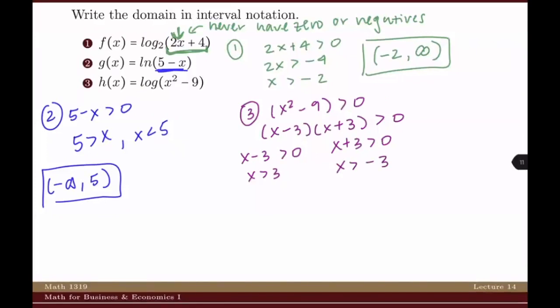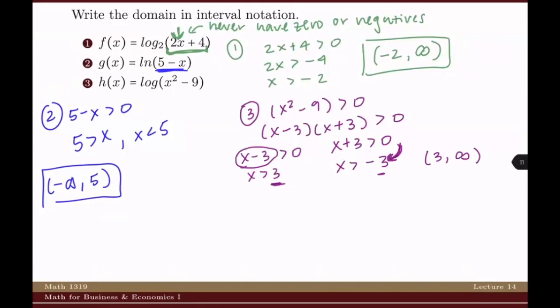And since 3 is larger than -3, we want the interval from 3 to infinity. Because if we take the interval from -3 to infinity, that means we'll include numbers that make this piece be smaller than 0, and we can't have that.